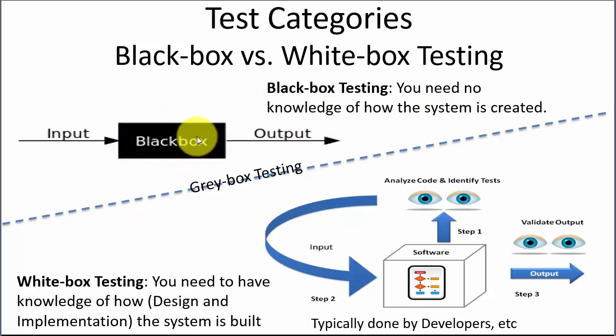Typically, this kind of testing is done by a tester that doesn't know the program in detail. While in white box testing, you need to have knowledge of how the system is built in detail, both in design and in implementation. So this is typically done by the developer.